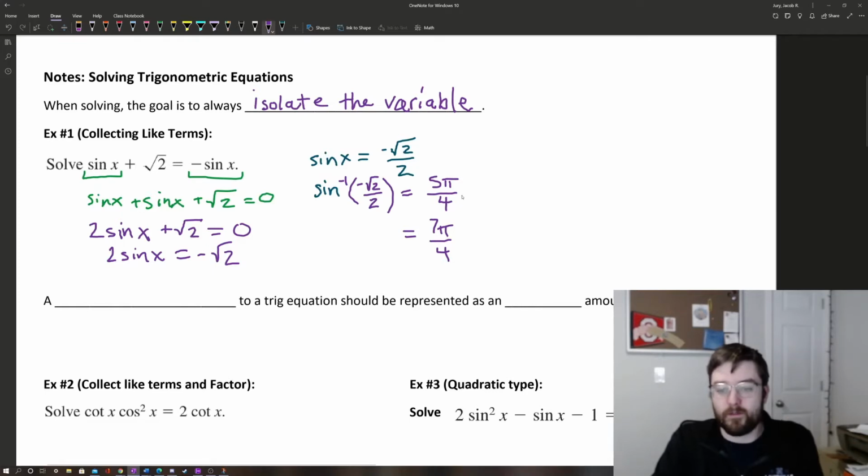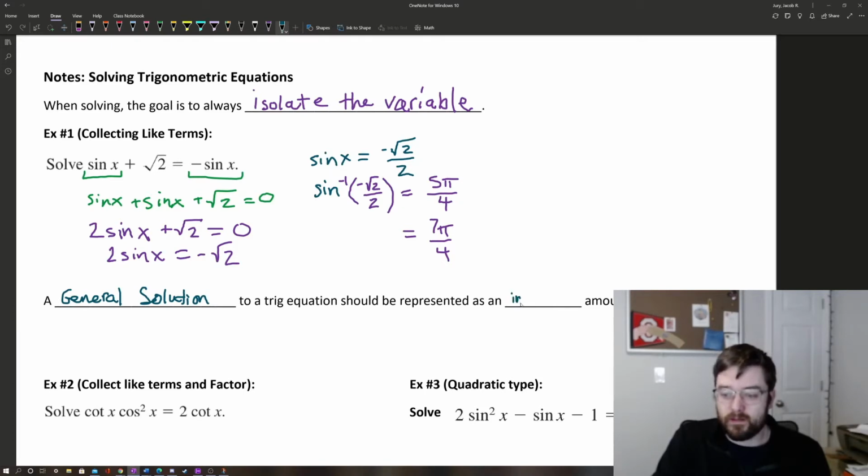There definitely are more. Because this next statement here is a general solution to a trig equation should be represented as an infinite amount of angles, because 5 pi over 4 and 7 pi over 4 are just two of the angles that make this equation true.